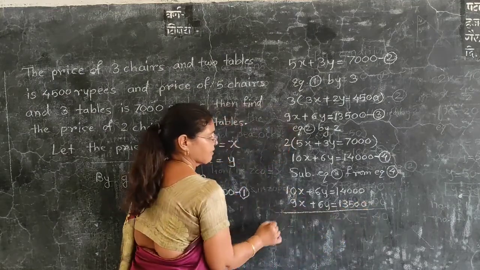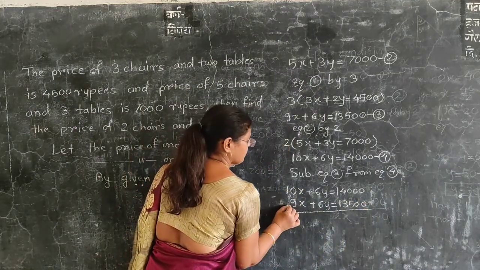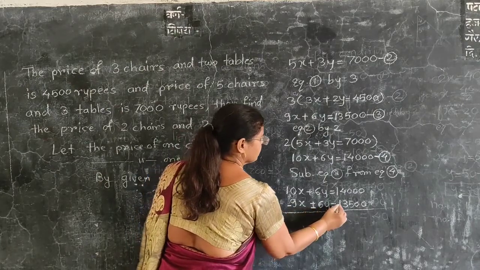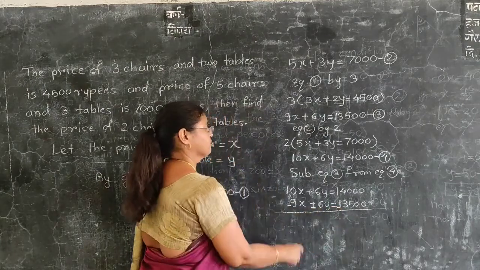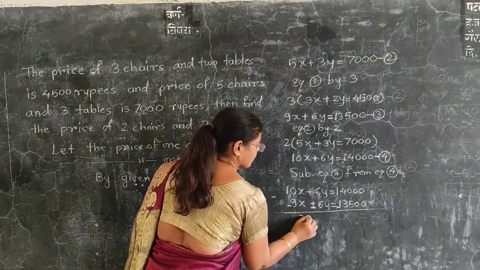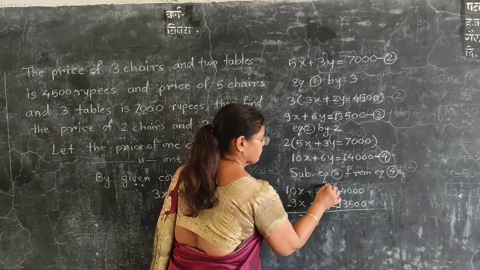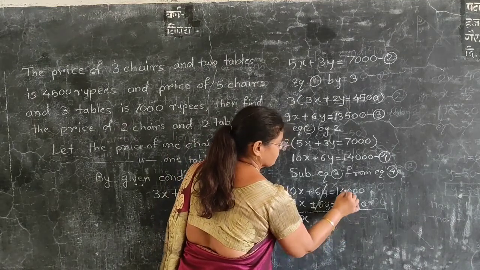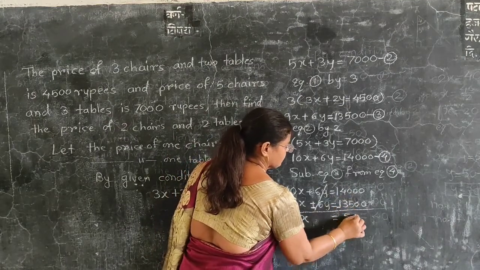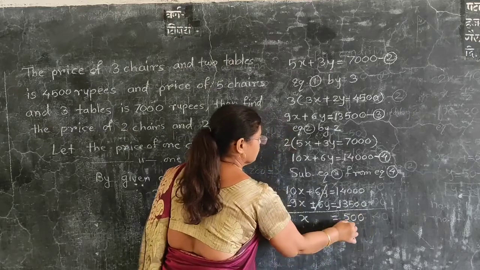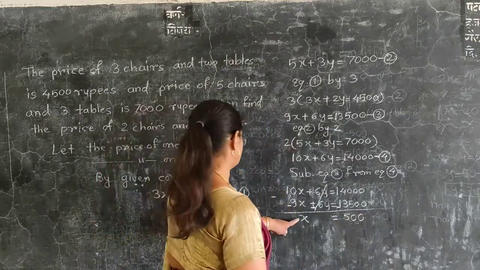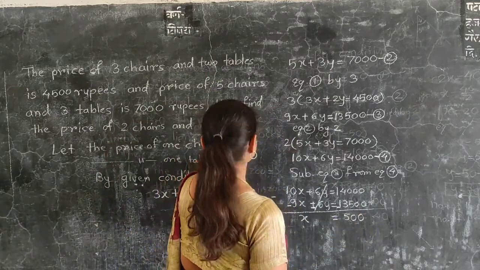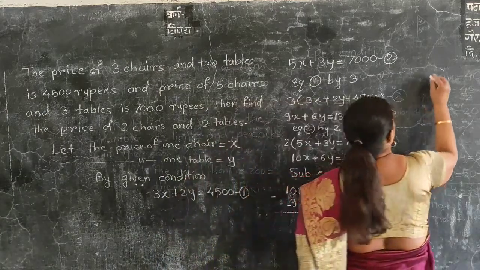We have to subtract, which means make the signs negative. 10 minus 9 is x, and 6y minus 6y will cancel, and we will get 500 here. So the value of x is 500. X means the value of one chair is 500.